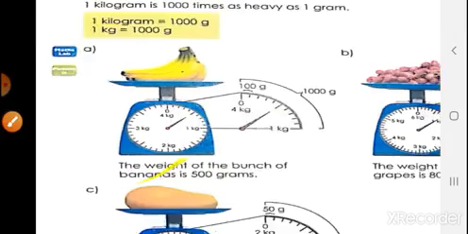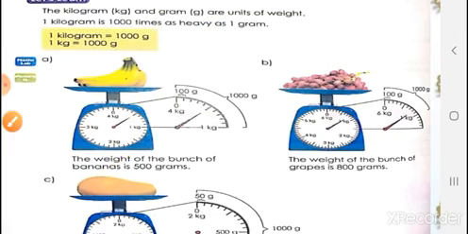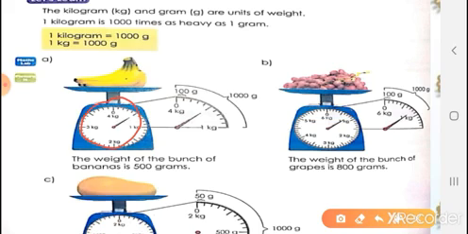Can you see here? Here you have the weight of this banana. So the bananas have their weight shown here. Each interval represents 100 grams.